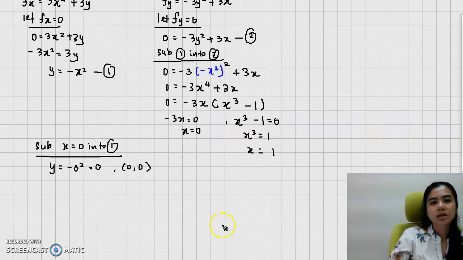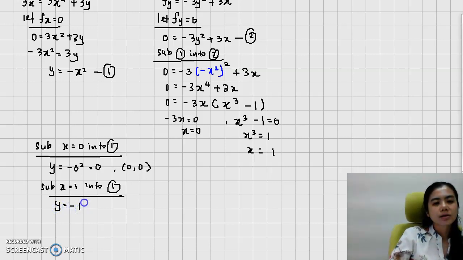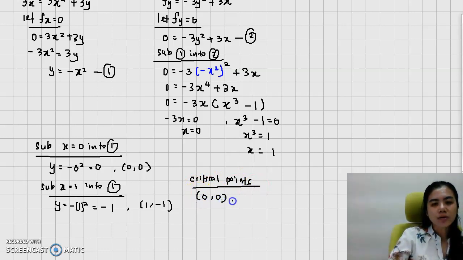Sub your x equal to 1, that you got just now, into number 1. So you have y equal to minus 1 squared, which gives us minus 1. So the answer is 1, minus 1. So we have two critical points. The first critical point is 0, 0. The second critical point is 1, negative 1.